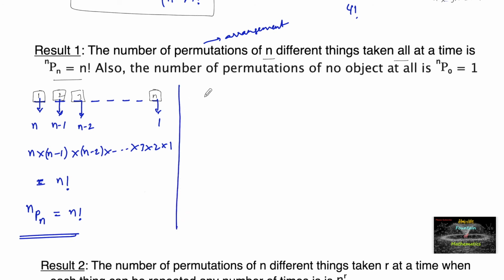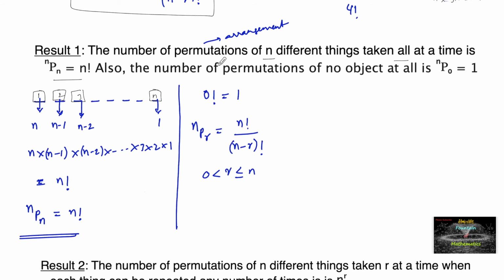Okay, and also we can prove that 0 factorial is 1. Let me explain. So we have nPr is equal to n factorial upon n minus r factorial, where r is less than or equal to n, and 0 is less than or equal to r.